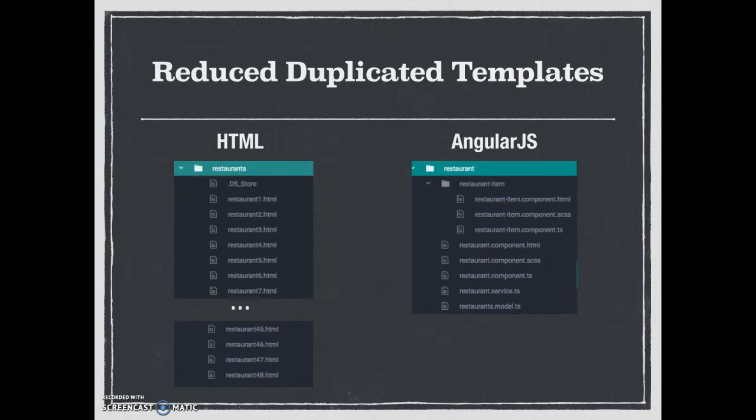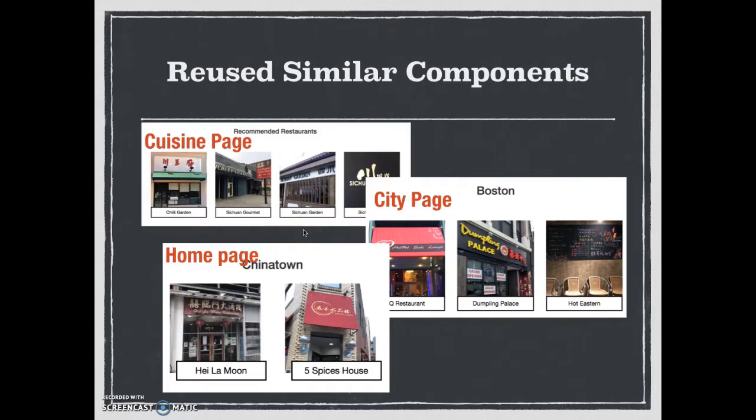Another one is I can reuse those similar components. In my website, there are some very similar components, like the restaurant card, which you can see in many different sections, like the cuisine page, city page, and the home page. All the restaurant cards have the image, their name, and the link to their detail page.